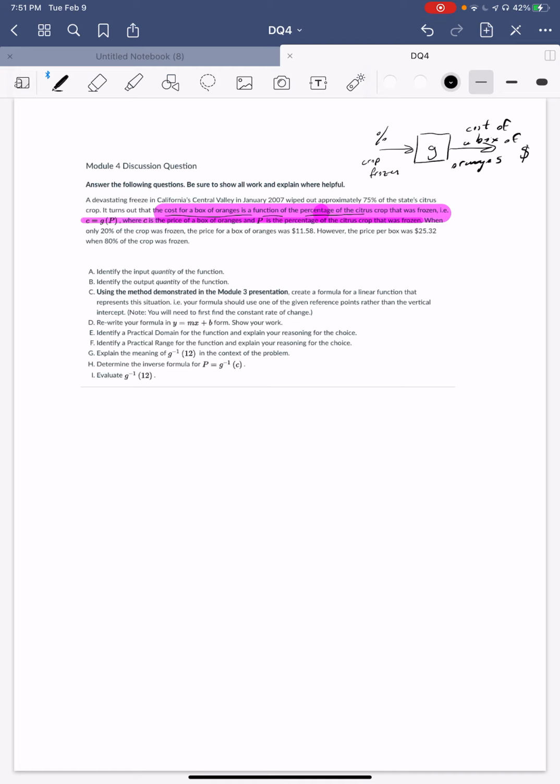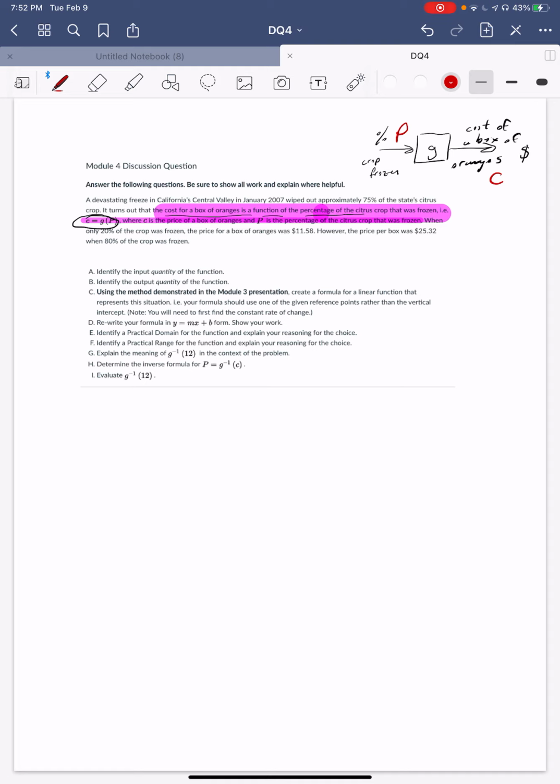We get all of that from that one sentence, but we also get it when we look at this statement right here: C is equal to G evaluated at P. So in other words, P is my input, the percentage of the crop that was frozen, and C is my output.